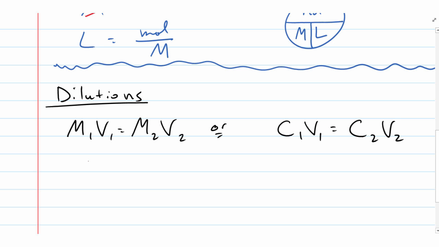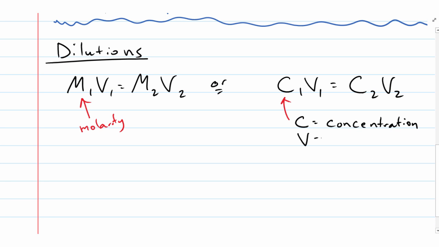Now, of course, if we work with this version, M stands for molarity. If we work with this version right here, C stands for concentration. And so it's a more general form because for most concentration units we can work with this dilution formula.